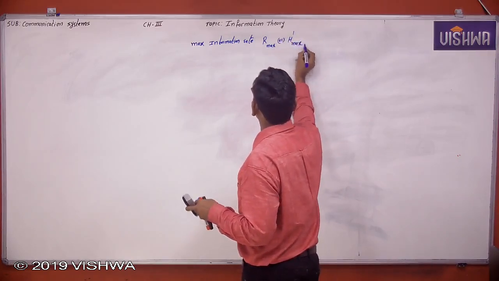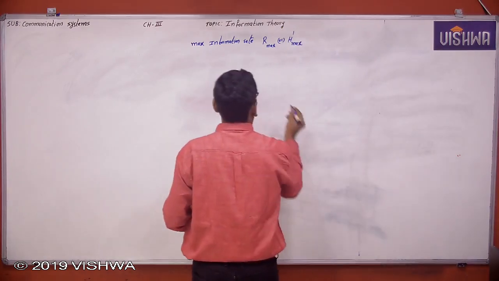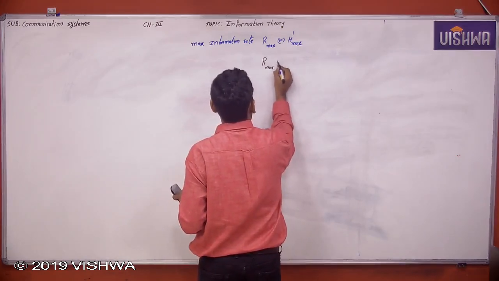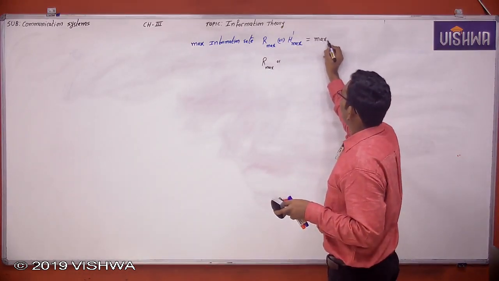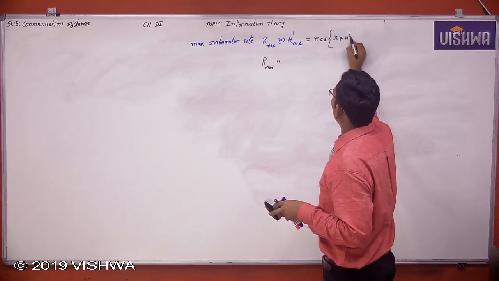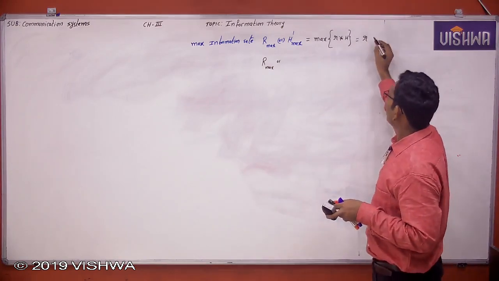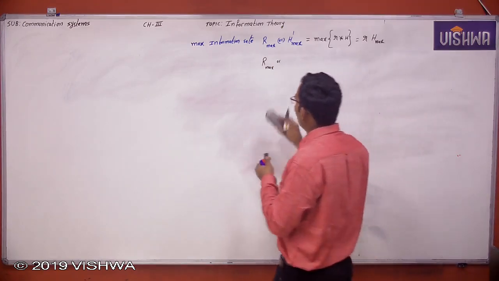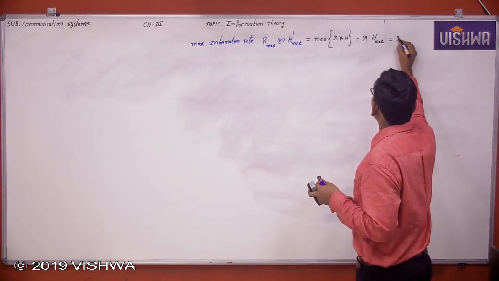It is the maximum value of the information rate, which is the symbol rate multiplied with entropy. Now R, the symbol rate, is a constant value, therefore this is H maximum. Therefore the maximum information rate is R into H maximum.